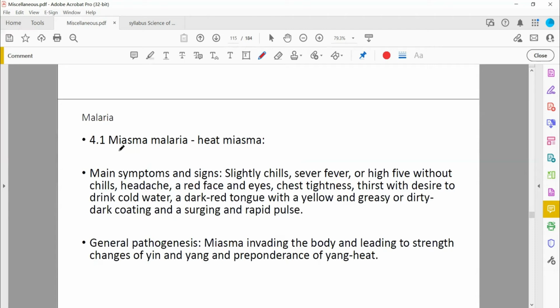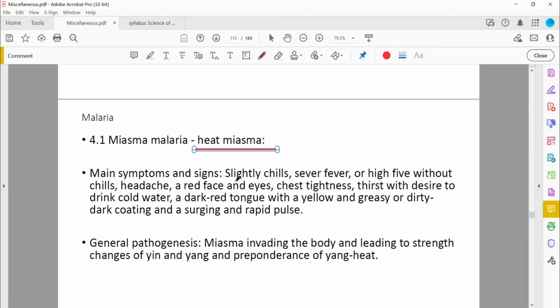Miasma malaria, miasma heat. This one is complicated. There are two types. The first one is heat miasma. Take a look at the symptoms and signs.